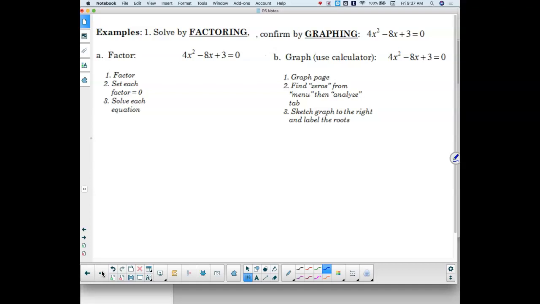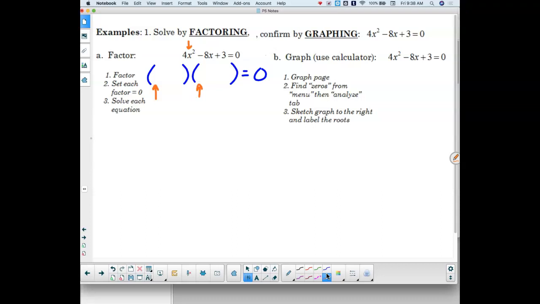In this particular one, I'm going to go with the 2 sets of parentheses. When we're doing the 2 sets of parentheses, what we look at is the first term, my quadratic term. We're going to break that term up into two terms that multiply together, and that's going to go in the first slot.